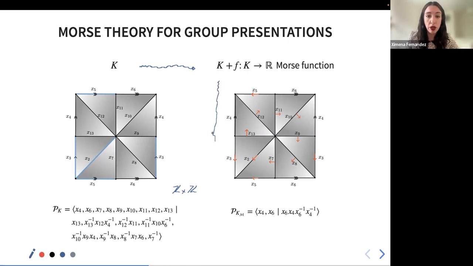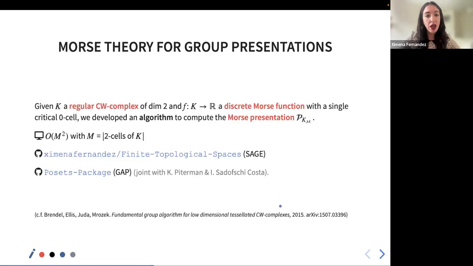So we compute the Morse complex, and then you compute the standard presentation associated to the Morse complex. And in our case, this is a very small presentation of the same group. So this is some way to obtain equivalent, simpler and smaller presentations of the same group.